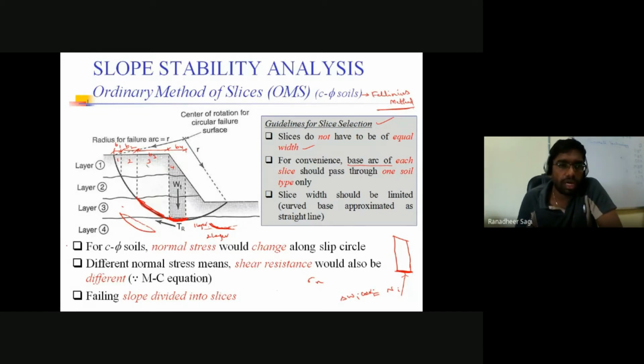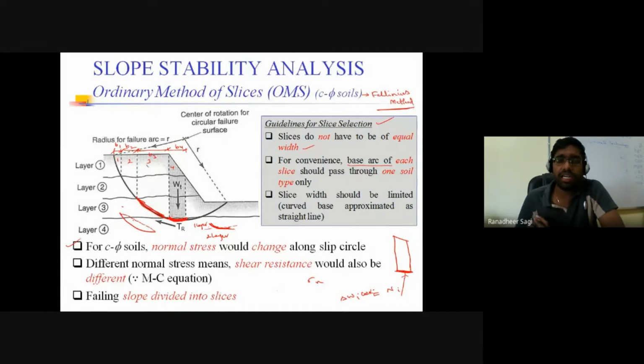Now this particular method of slices is very much applicable in the case of your C-phi soils, but it doesn't mean that the earlier methods we specifically mentioned for C soils cannot be applied for phi soils, which have the phi parameter also.